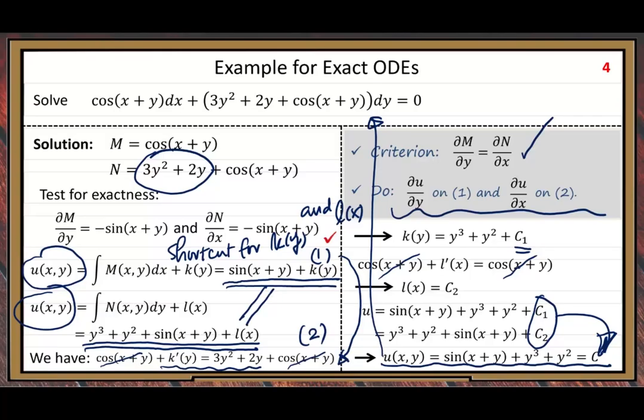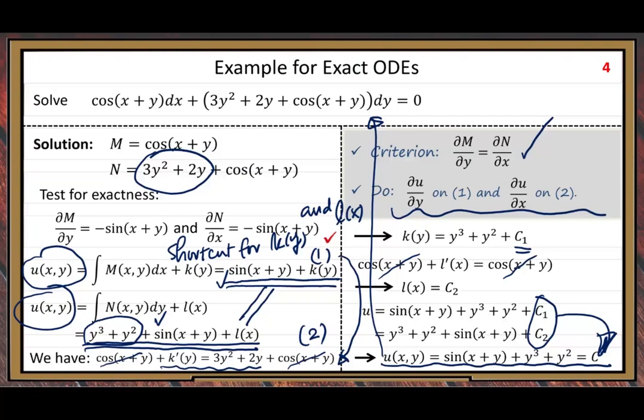When we look at the sine term, they both have the sine term, so we don't worry. The sine term appears in both expressions, so we're fine with that. Then let's look at the variable part. There are y cubed plus y squared, only y terms, right?